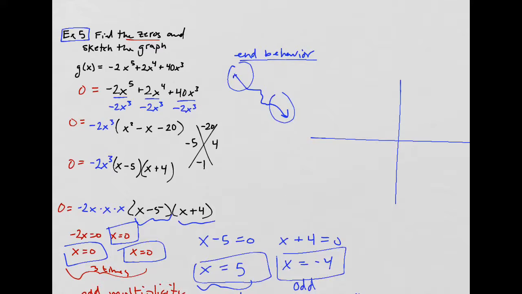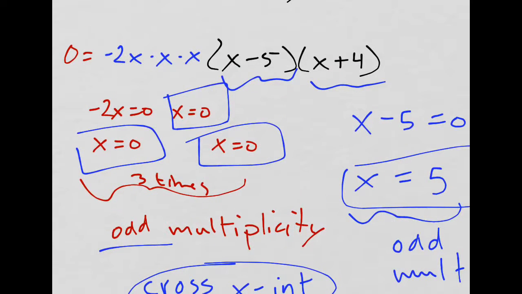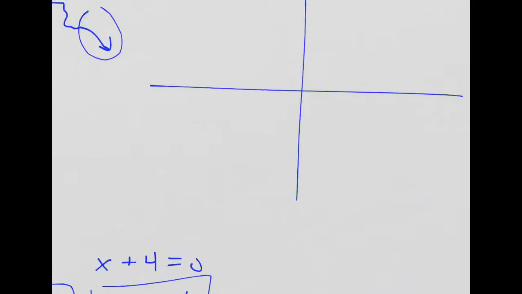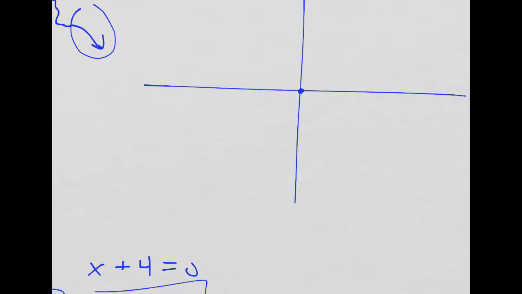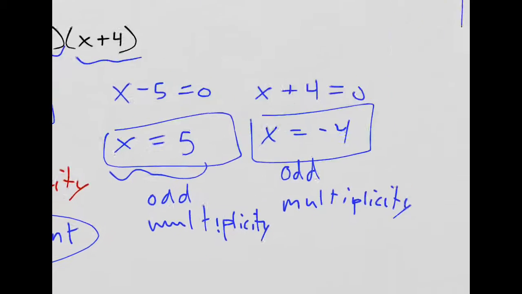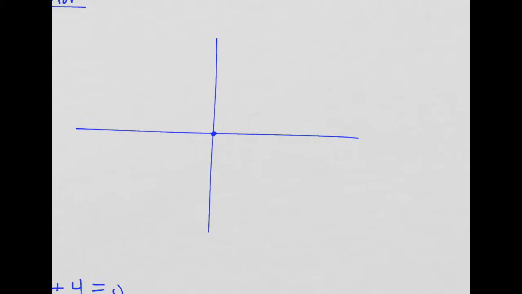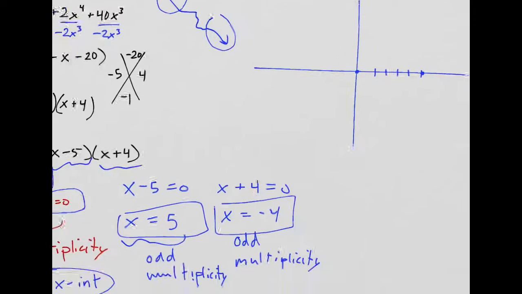Okay, so decide the end behavior, then plot the x-intercepts. Well, I have 0, 0, 0, and that's just on the x-axis. It's the same point over and over again. So, odd multiplicity, 0. x equals 5, so I'll do 1, 2, 3, 4, 5. That's an odd multiplicity, happens once.